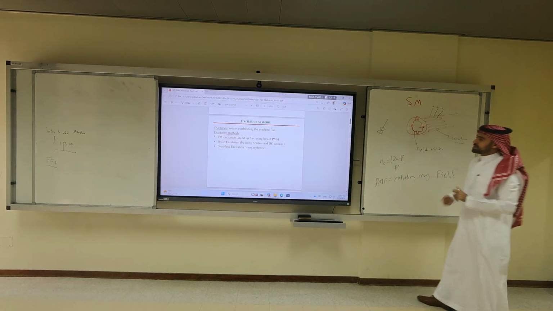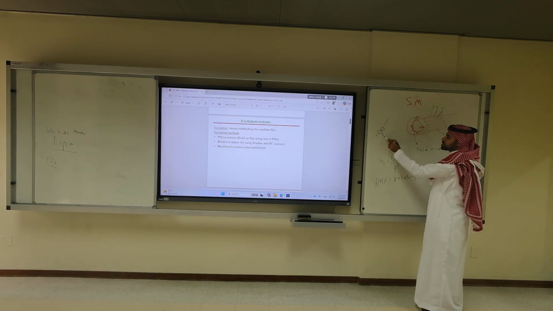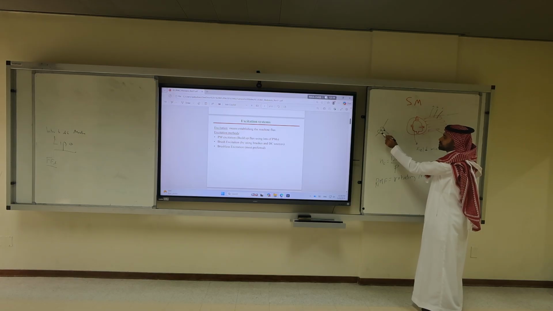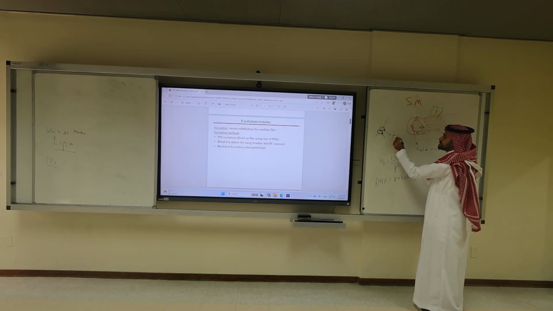So in a synchronous generator or synchronous motor, you connect to the slip rings. Of course, here we have the carbon brushes. This is the slip ring, the circle is the slip ring. The cubes are brushes. One is to the positive DC, one to the negative DC.